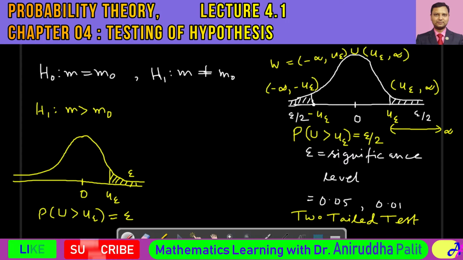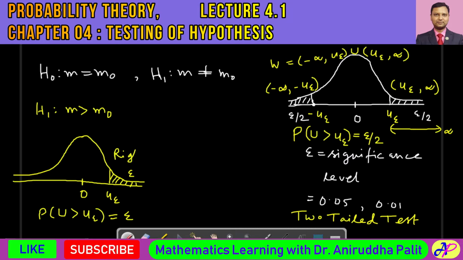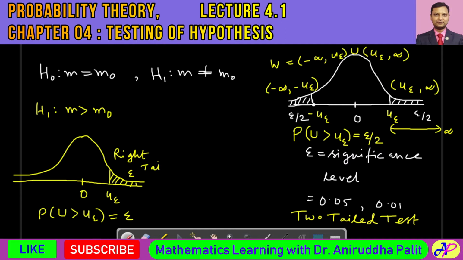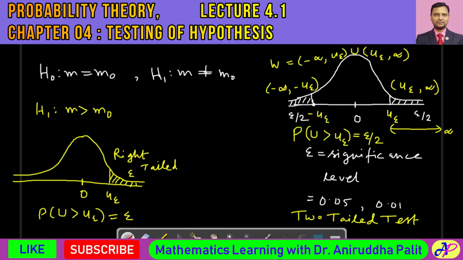And this type of test is called a right tailed test. We will write it over here: right tailed. In this case the critical region W is equal to the region starting from u epsilon to infinity.